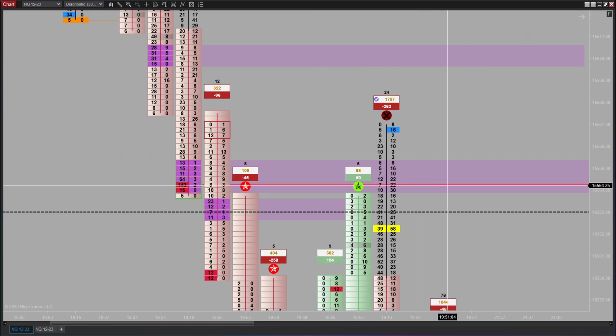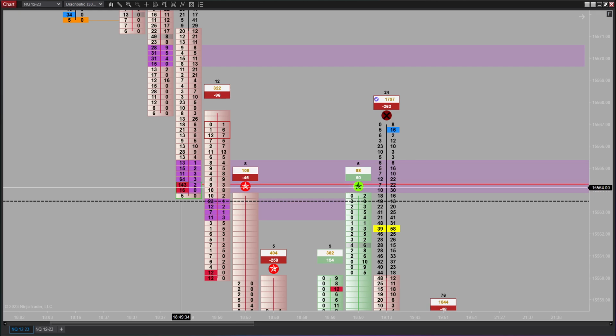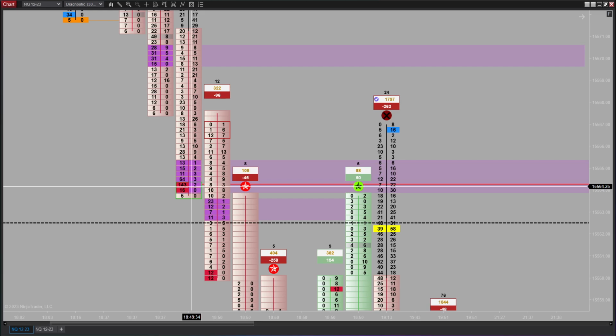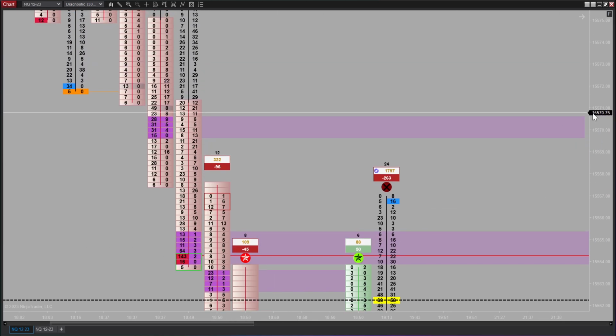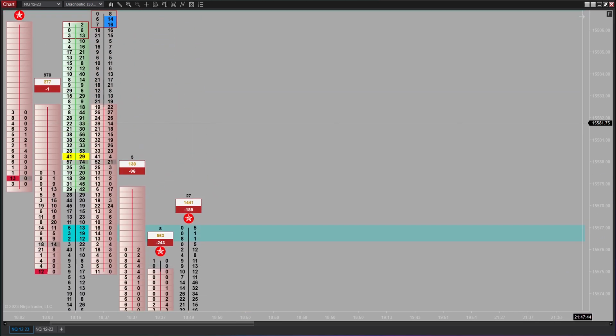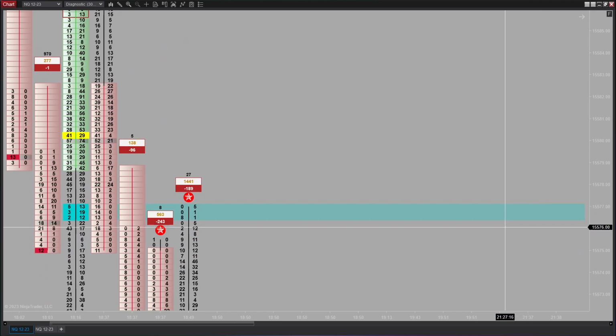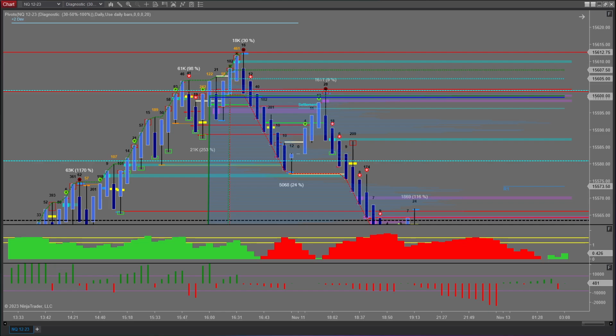These red lines that plot across are an institutional order. So this is 50 contracts traded by one institution all at once. And if I can find a green one, which I know we had a bunch of on Friday, it'll be easier if I go back to the 30 tick chart.